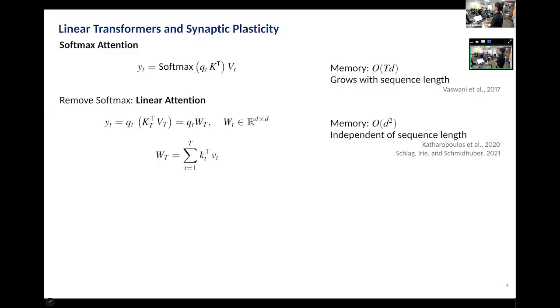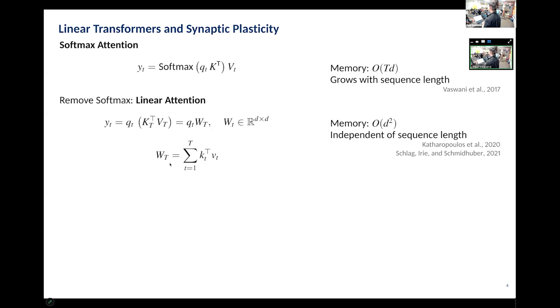Okay. And that weight matrix is being used just like in an MLP, where you basically multiply that query vector with that weight matrix. So essentially, self-attention is also like an MLP whose weight is changing during the input sequence.